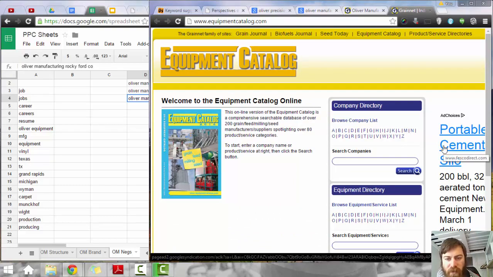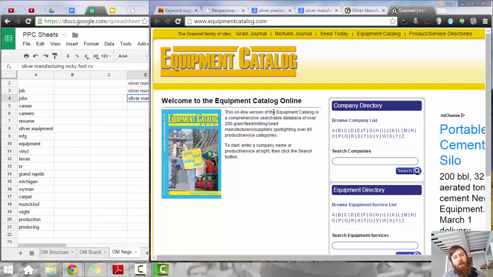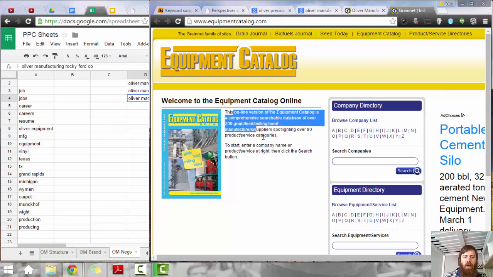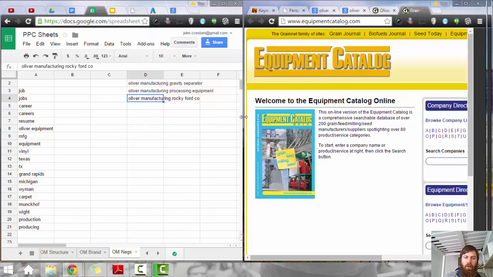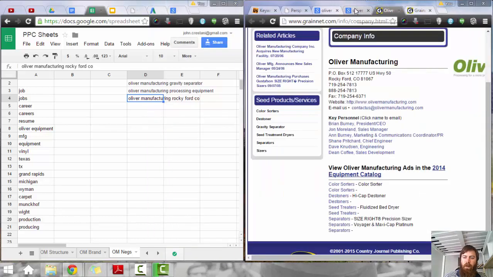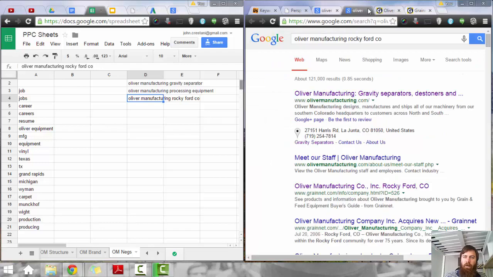This is what I'm talking about: they probably have every one of their potential buyers in the agricultural industry subscribing to this catalog, or at least 80%. So these are other obviously good channels for marketing in some of these B2B niches.